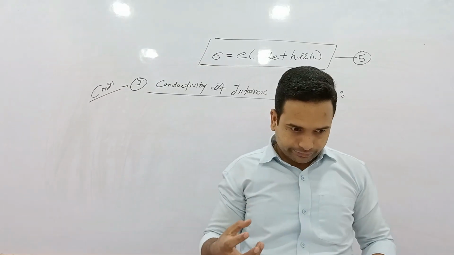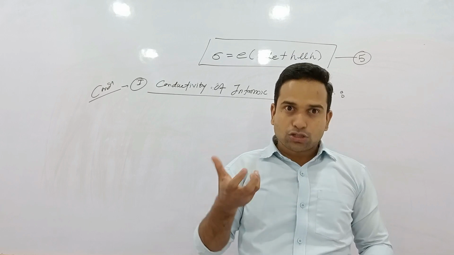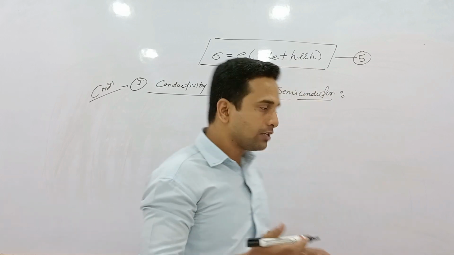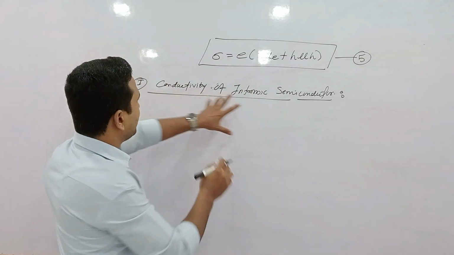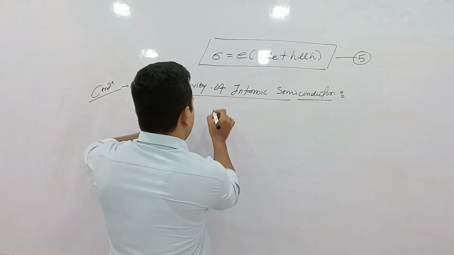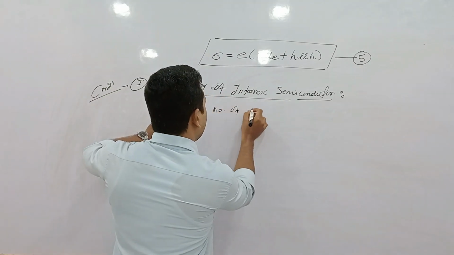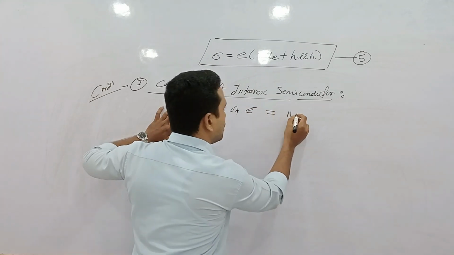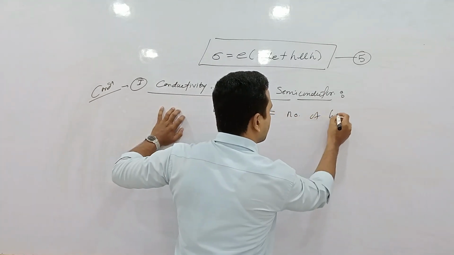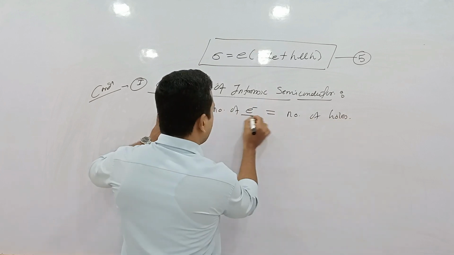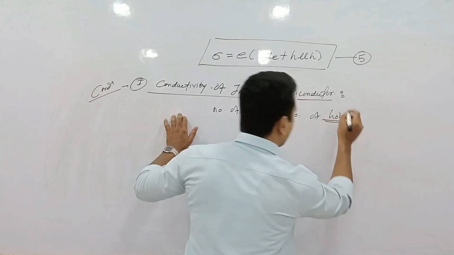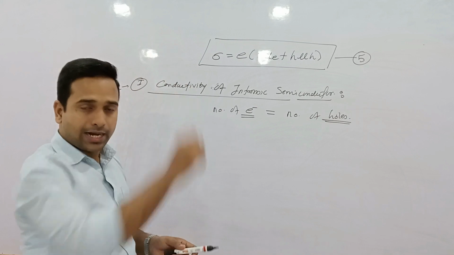Now see, in the case of intrinsic semiconductor, obviously we know that the number of electrons is equal to the number of holes, right? Number of electrons is equal to the number of holes.